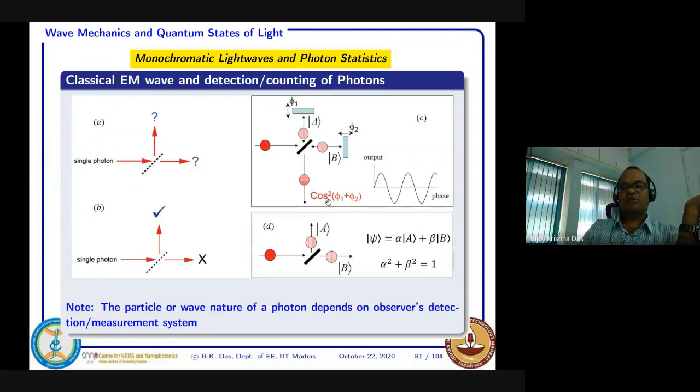So instead, we represent this as the probability of finding a photon in this path: cos square delta phi, with the same phase difference. Then the probability of a reflected photon will be sin square delta phi. So the probability of reflection in this path will be sin square, and transmission will be cos square.